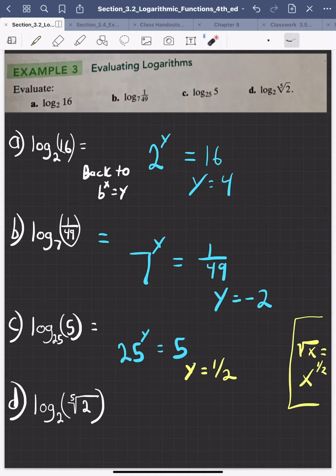piece of advice. When you have radicals, square roots, cube roots, etc. in your log, turn it back into fractional exponents. So the first thing I'm going to do here is rewrite this. Okay, so that's the equivalent of saying log base 2 of 2 to the 1/5.